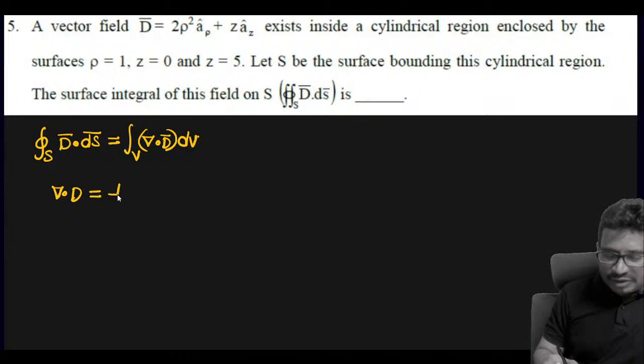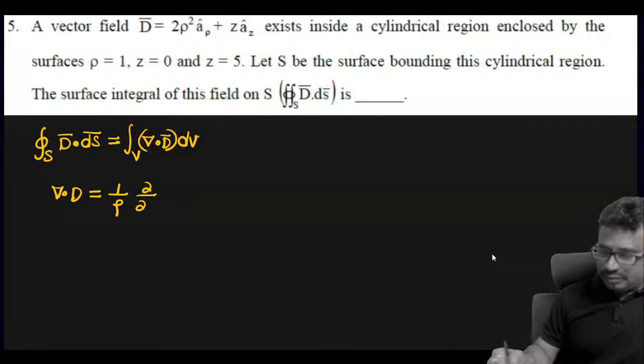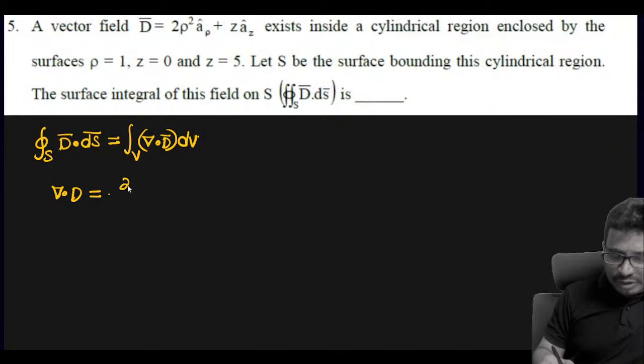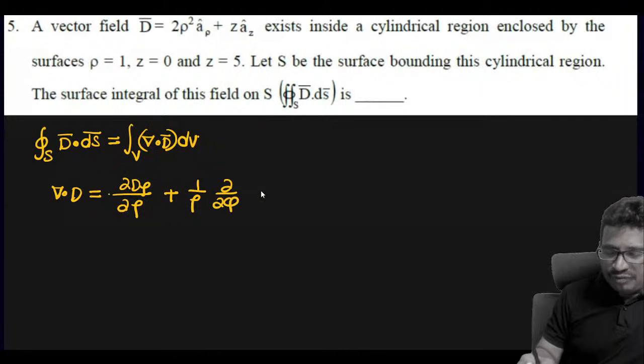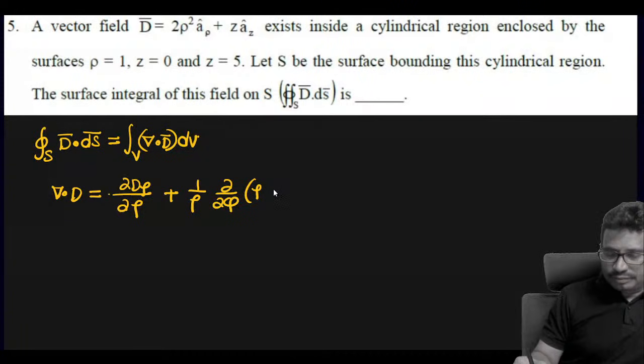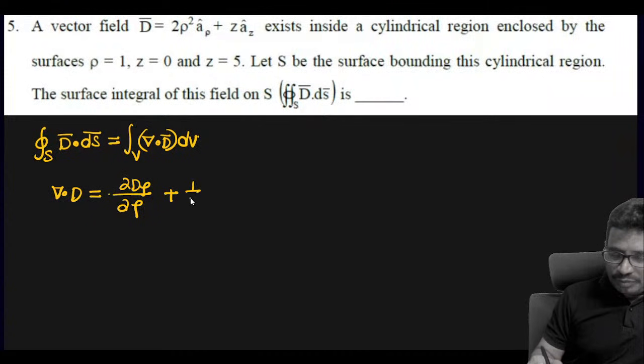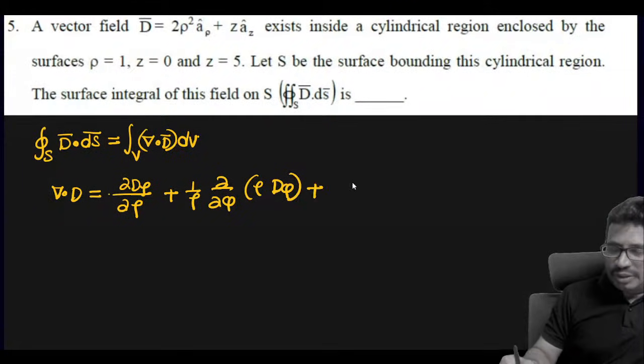In the cylindrical system, the divergence is 1 by rho into dou by dou rho of rho d rho, plus 1 by rho into dou by dou phi of d phi, plus dou dz by dou z.